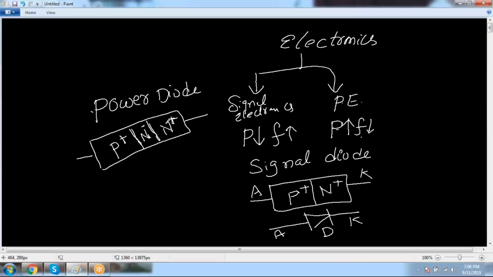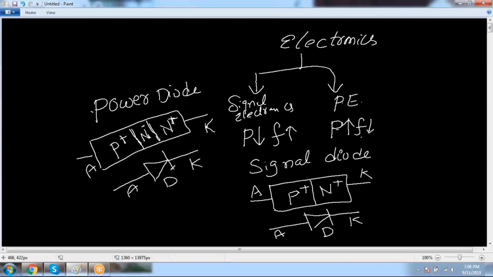Here is the anode and the cathode. Now what is here? A highly doped P layer. Minus stands for lightly doped, that is, a lightly doped N layer, and a heavily doped N layer. Now I want to draw the symbol for the power diode. It is anode, cathode, and it is a diode.